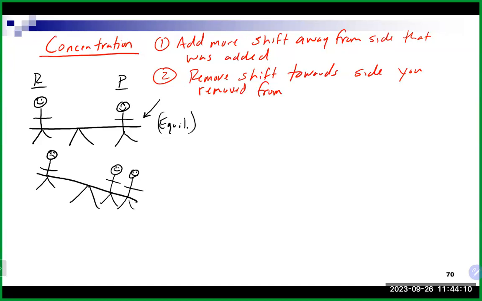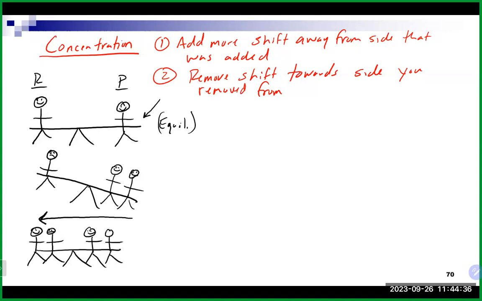Now to fix this, which way? We added to the right, so we're going to shift away from the side we added it to. We need to put more people on the left-hand side. And once again, this system can come back to equilibrium, back at position number 1 in this case.